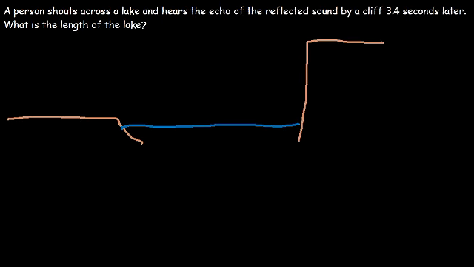Now the first thing we should do in this problem is draw a picture. So let's say this is the ground, and here we have a lake, and then there's a cliff, and here's the person.